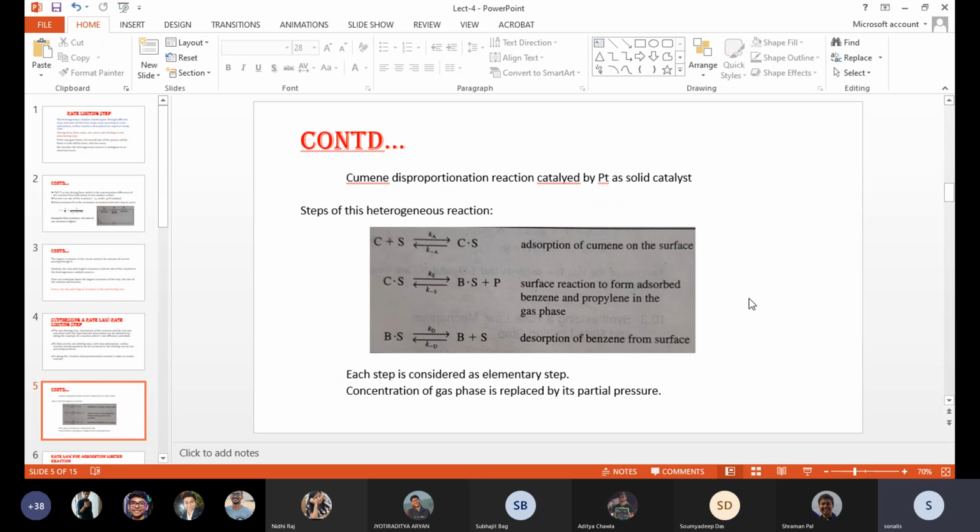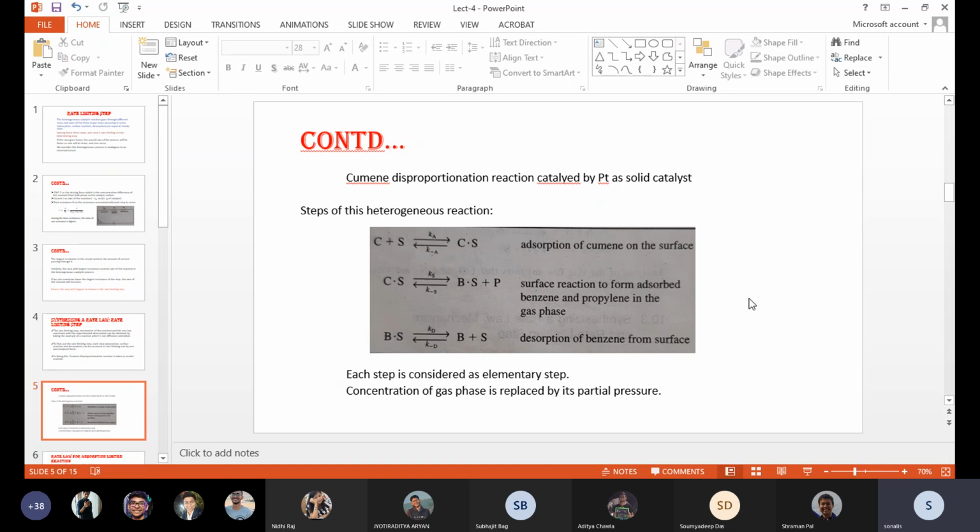We considered that propylene is in the gas phase only. It did not adsorb, but benzene is formed on the adsorbed site. So C dot S gives B dot S, benzene dot S, plus P, propylene. Here the forward reaction rate constant is Ks, and reverse is K of minus S.